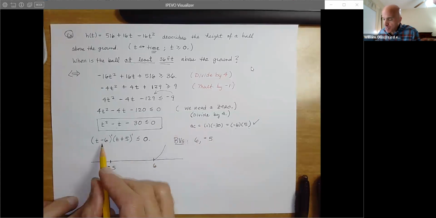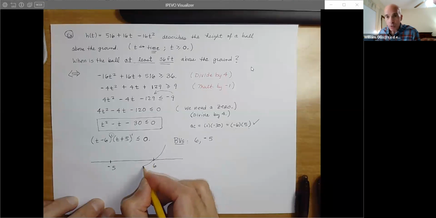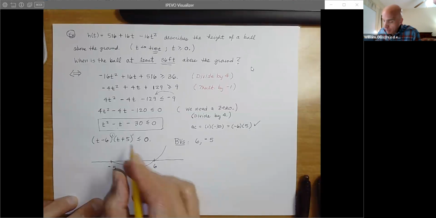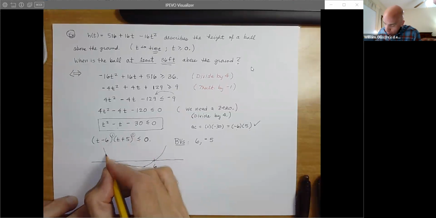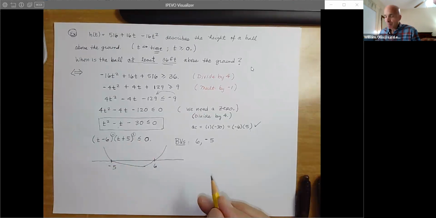But since this is a 0 of multiplicity 1, we know that the graph will cross the axis, and it has to do the same at -5, but multiplicity 1 and cross back through. So we're like, okay, that's a good deal.